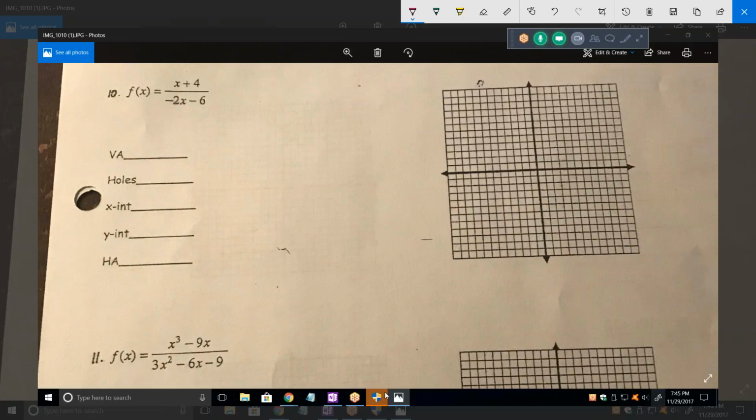Oh, I get it. Okay. Vertical asymptote. Factor out a -2 from the bottom. I was going to say that. As you were giving me an answer, I was going to say probably the best first step is always to factor.